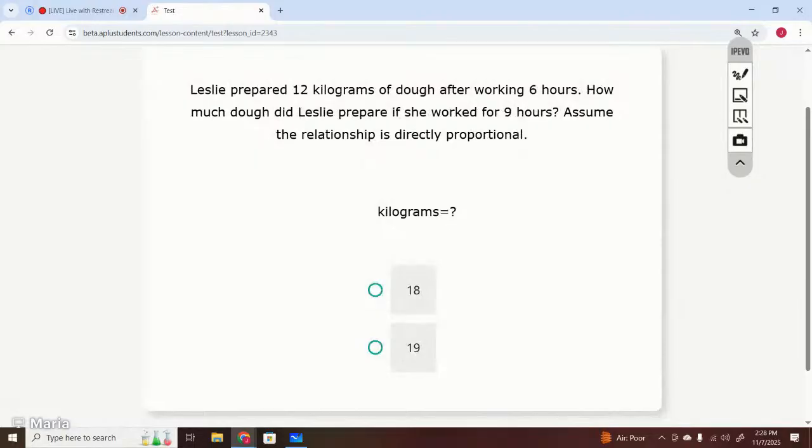Leslie prepared 12 kilograms of dough after working 6 hours. How much dough will Leslie prepare if she worked for 9 hours?